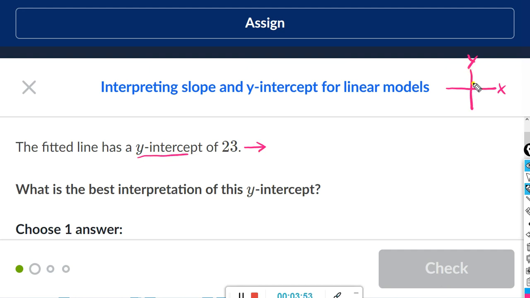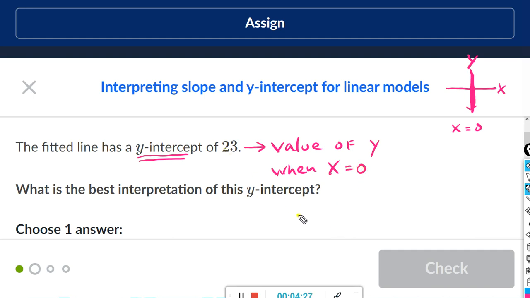The equation for the line on the y-axis is basically x equals 0. If you were to draw a line right on the y-axis, the equation for that line would be x equals 0. So whenever you see the y-intercept, that is the value of y when x equals 0.